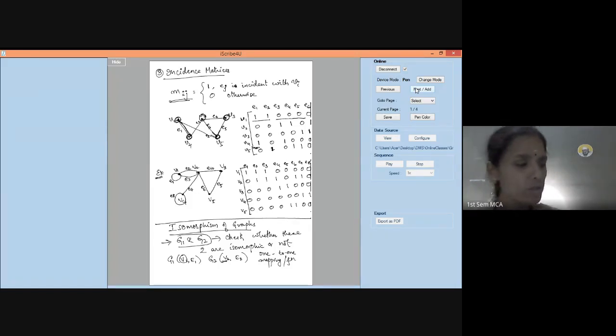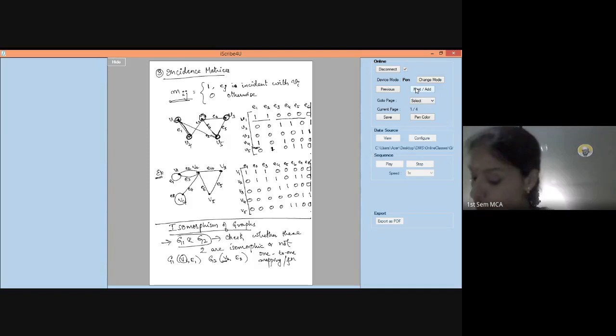In other words, two simple graphs are said to be isomorphic when there is a one-to-one correspondence between the vertices of the two graphs that preserves the adjacency. That's what the definition says.